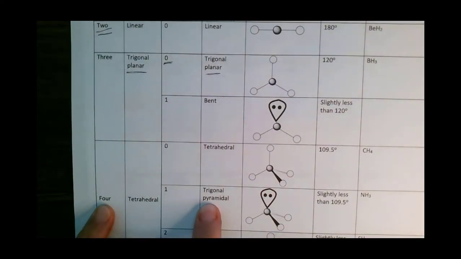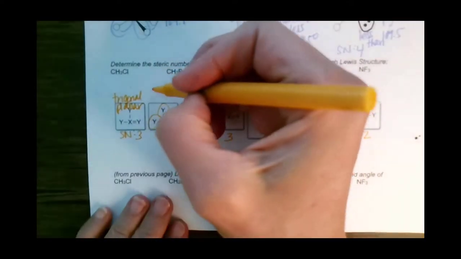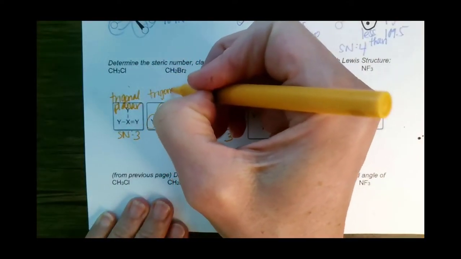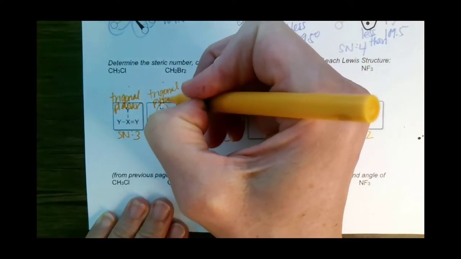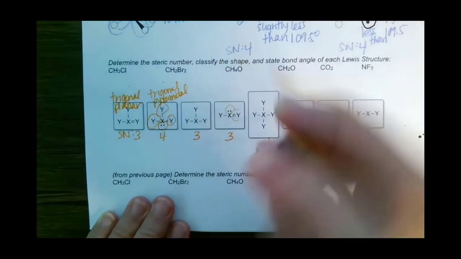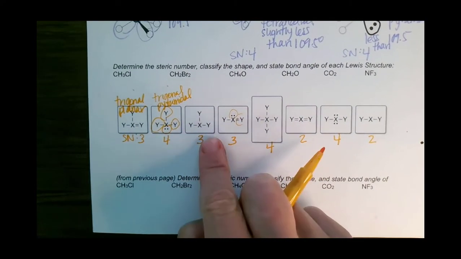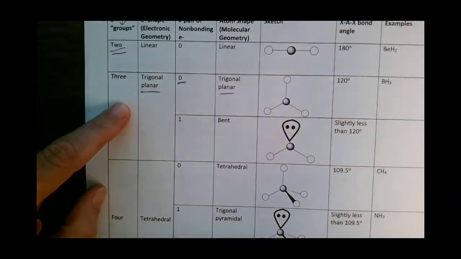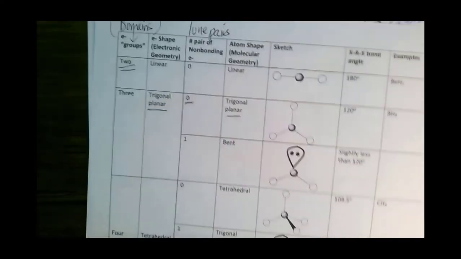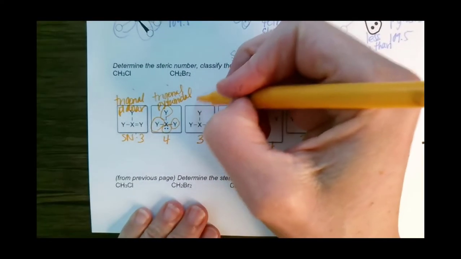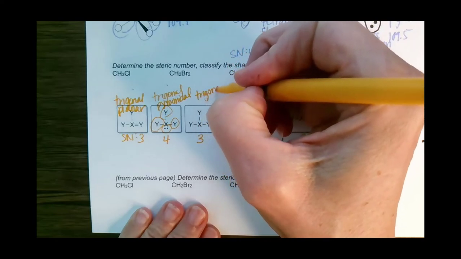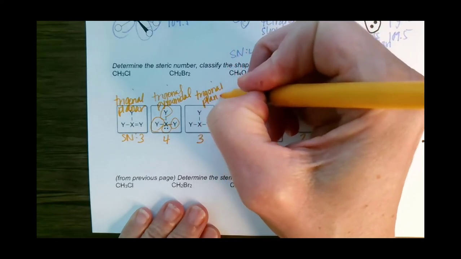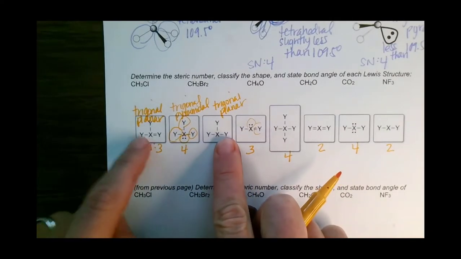So 4 and 1, so it would be trigonal pyramidal. Steric number of 3 with no lone pairs. Another trigonal planar. So we've got 2 trigonal planars.